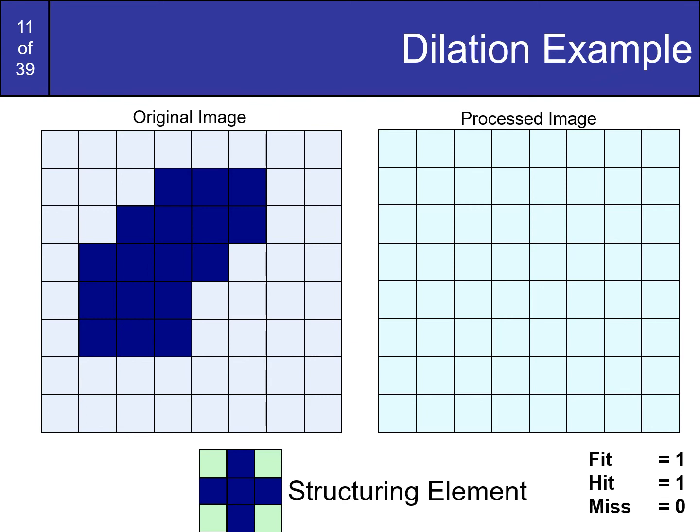Our rules here: we give 1 if fit, give 1 if hit, but give 0 if miss. So we start by putting the center of the structuring element on the first pixel at the top left. Okay, now we have a miss, so we put 0 here.